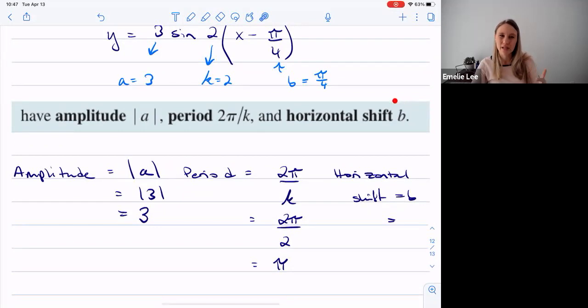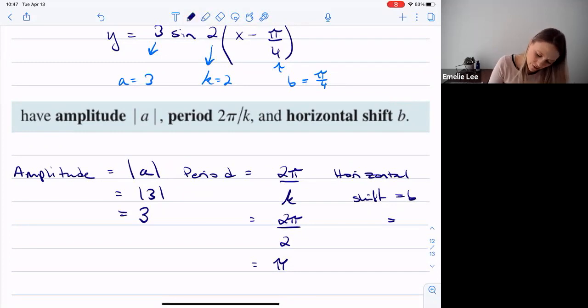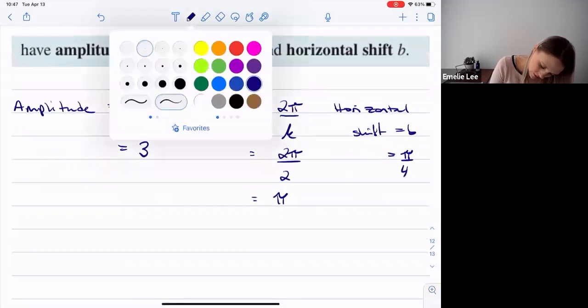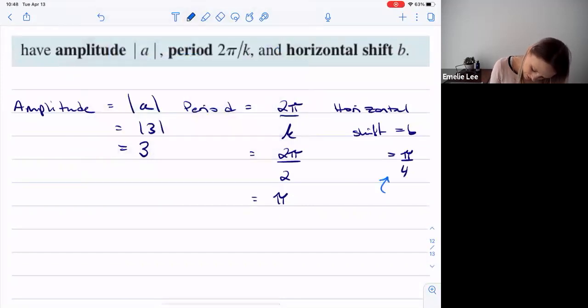So now we're kind of back to easy street here. So the horizontal shift is pi over 4, meaning we shift it in the positive direction, pi over 4. Positive is a shift to the right.